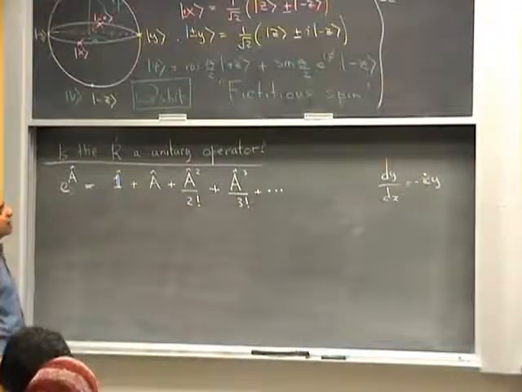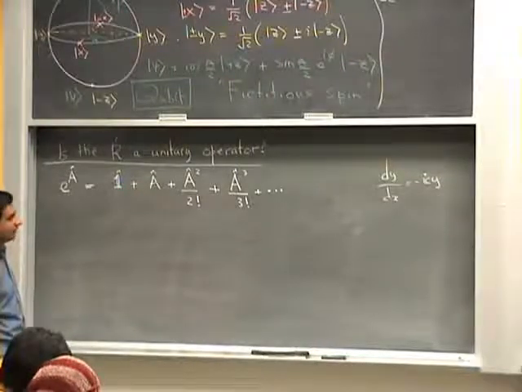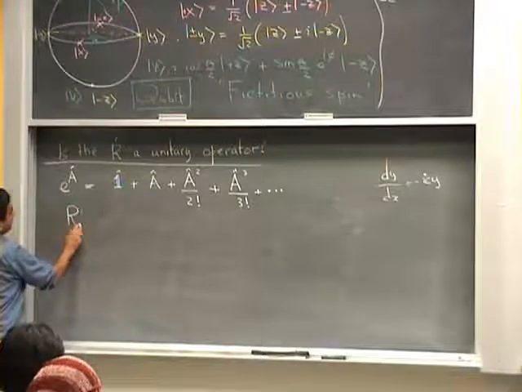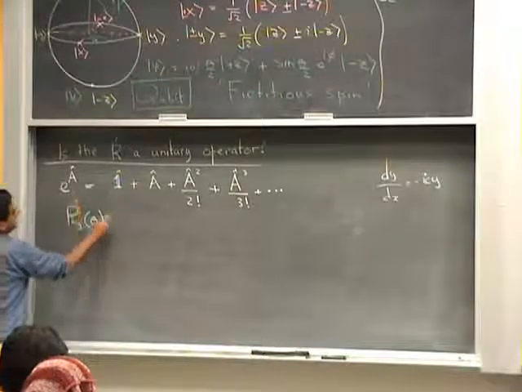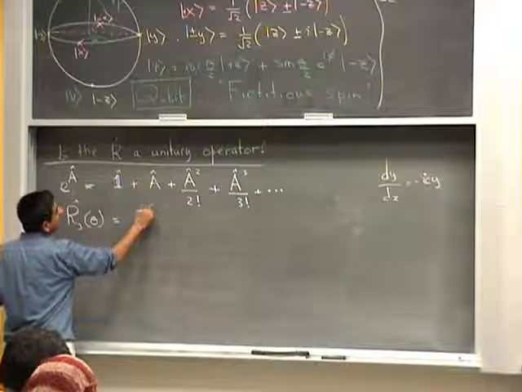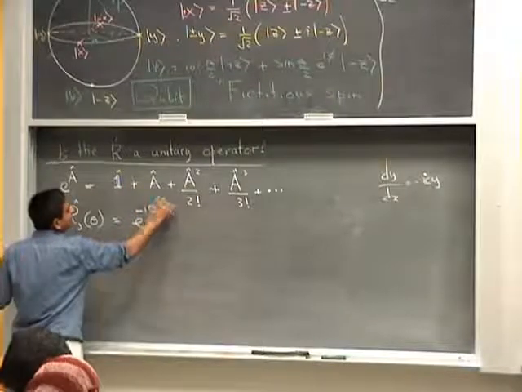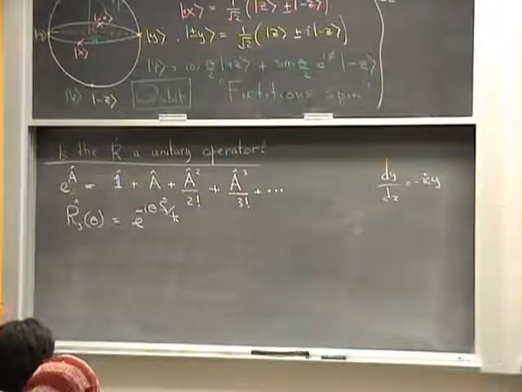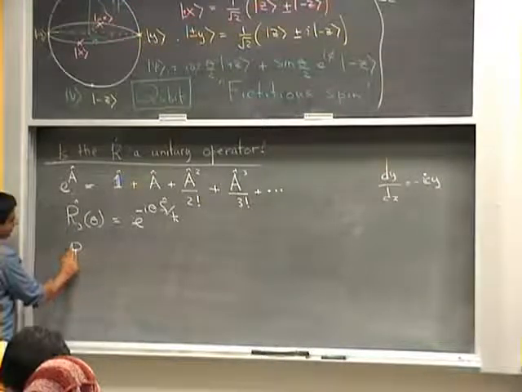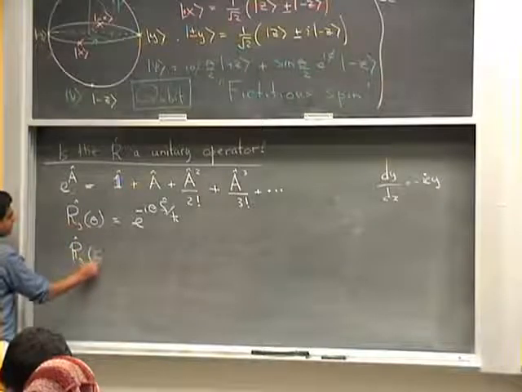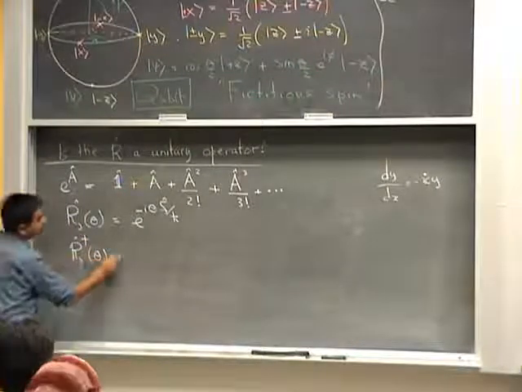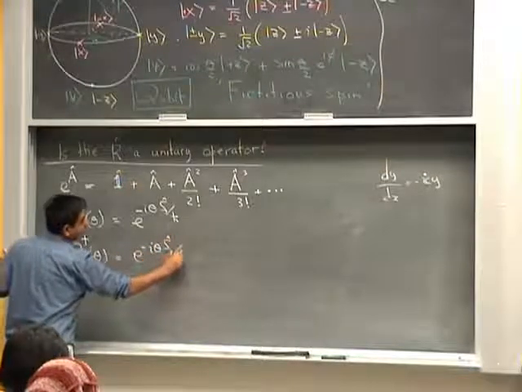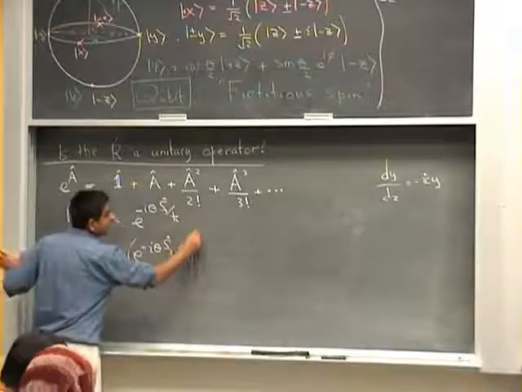Now we have to prove that r is unitary. Okay? So if I take, say, ry through theta, this is e raised to power minus I theta sy over h bar. If I want to find the Hermitian adjoint of this operator, I want to find the adjoint of this operator, right?